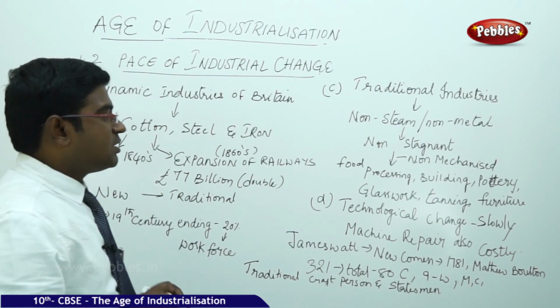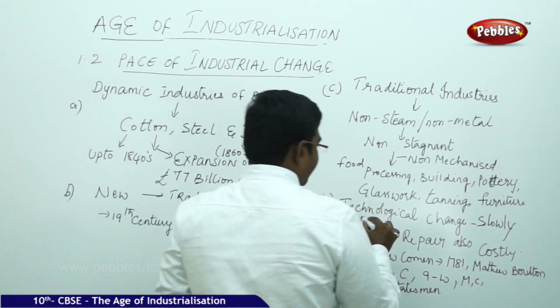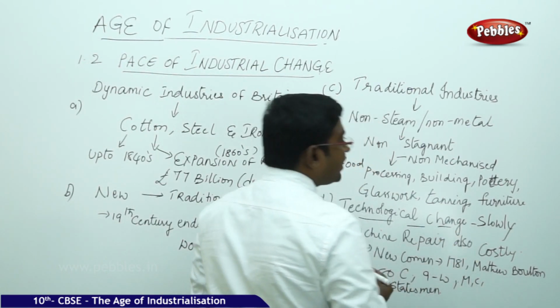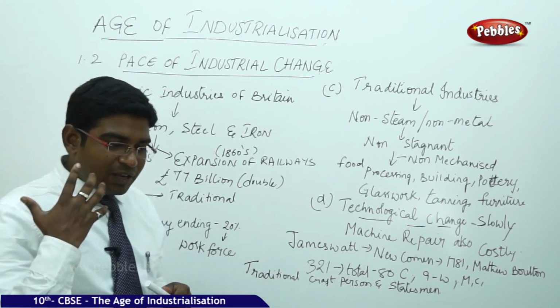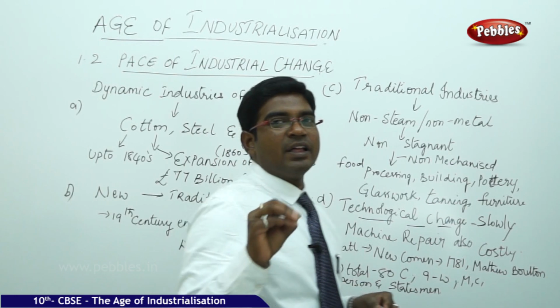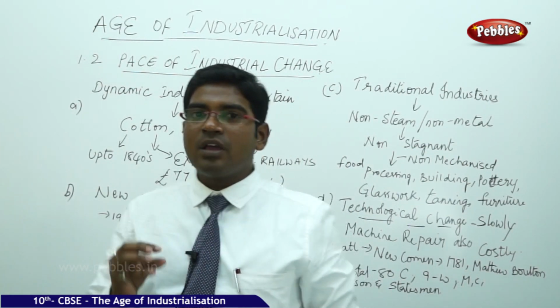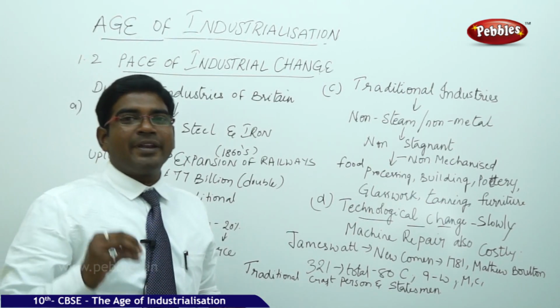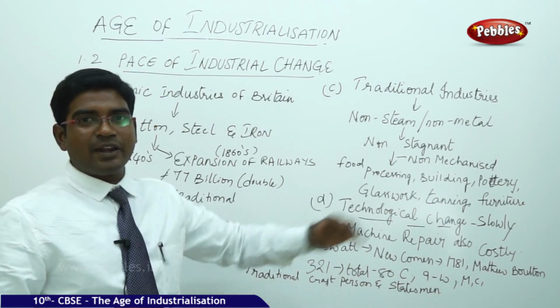And the next major change is the technological change. The technological change was also very slow during this period in Britain. Generally, we have an opinion that in Britain any technological aspect gets its boom very fast. But in actual practice, it is not that way.